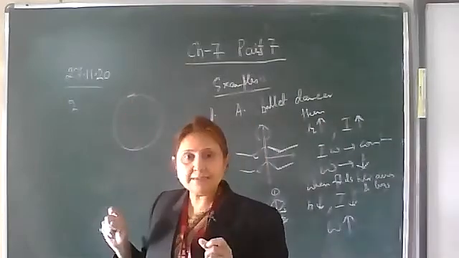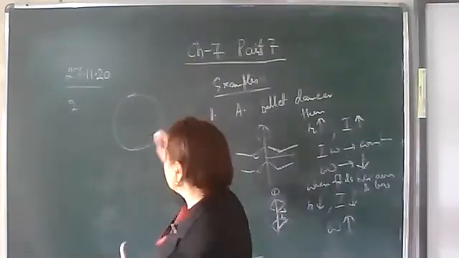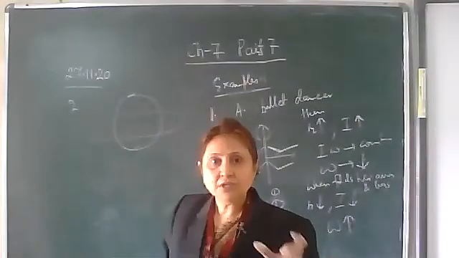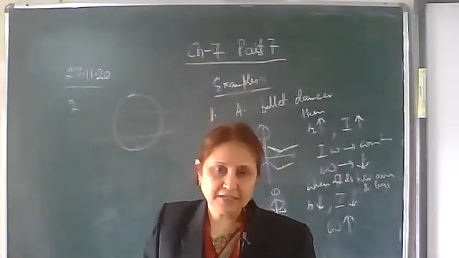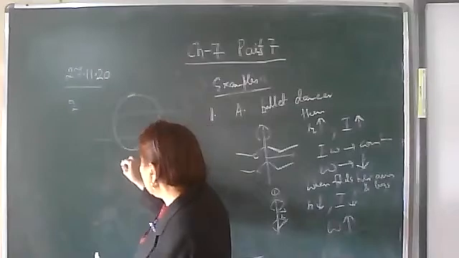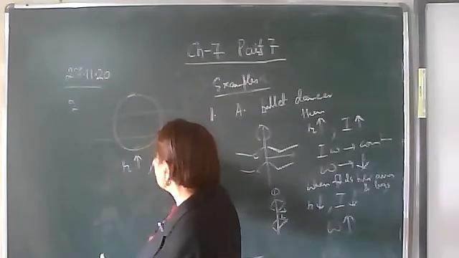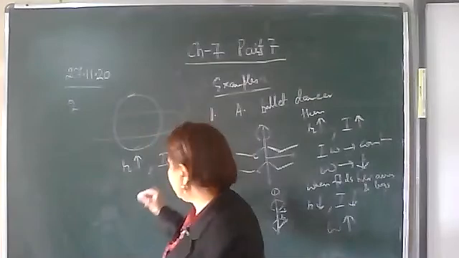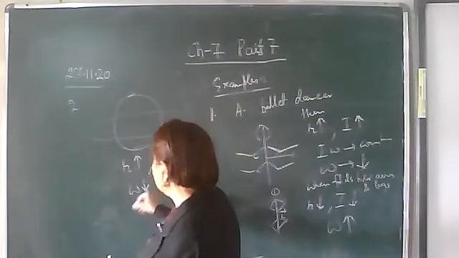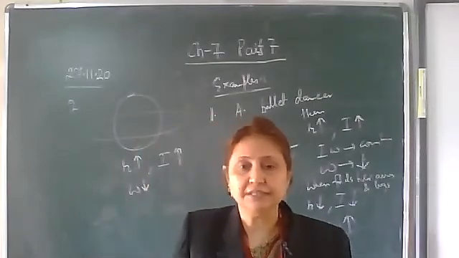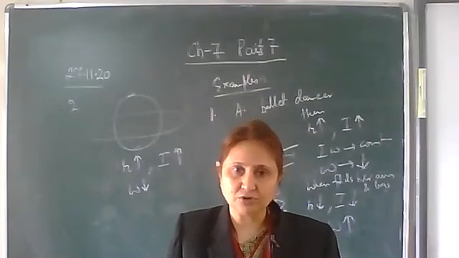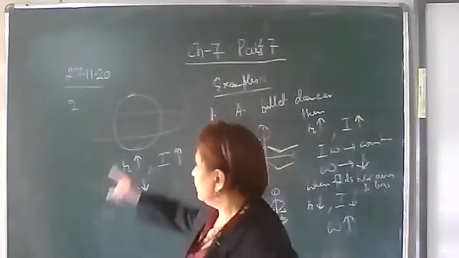Here the polar ice cap melts, so the water will accumulate along the equator, so the equatorial radius will increase, that is R increases. We are assuming that the mass of the earth remains constant, from ice to water.